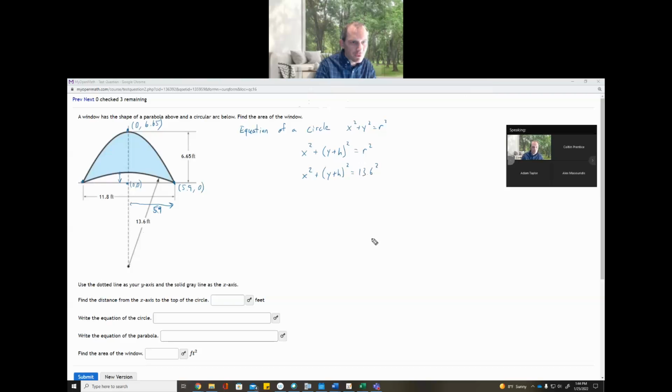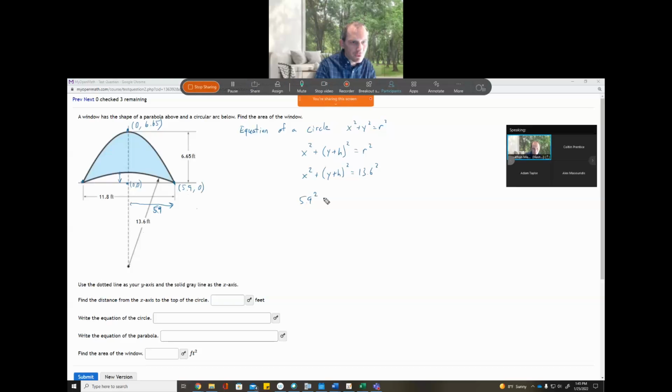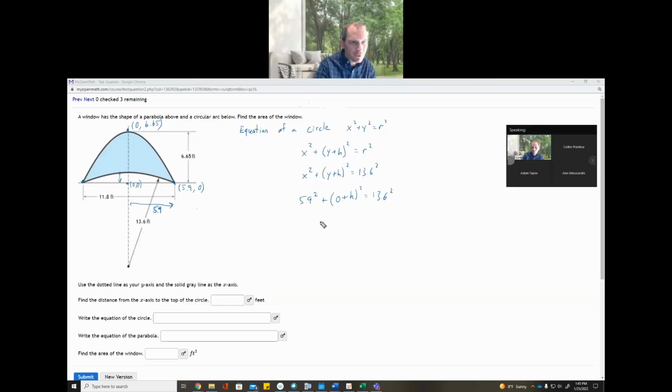Okay, so now if I want to find out what this unknown constant h is, I can plug a number in for x and y, and I have this point, 5.9 comma 0. So when I plug in for x, 5.9 squared, and I plug in y as 0, now I just have one variable, and I can just solve it and isolate it.